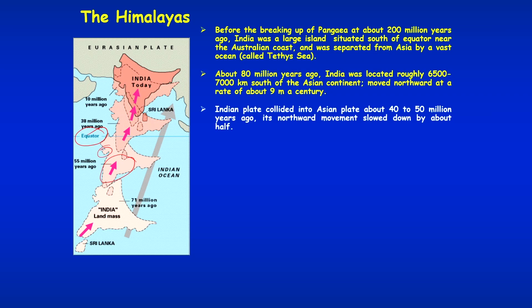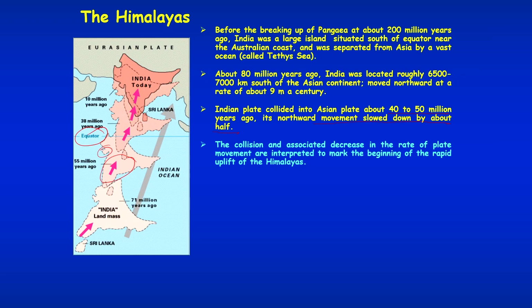Okay. The Indian plate collided with the Asian plate, or the Eurasian plate, or the Tibetan plate you call it, at about 40 to 50 million years back. And that showed that the movement slowed down by almost half because of the collision.